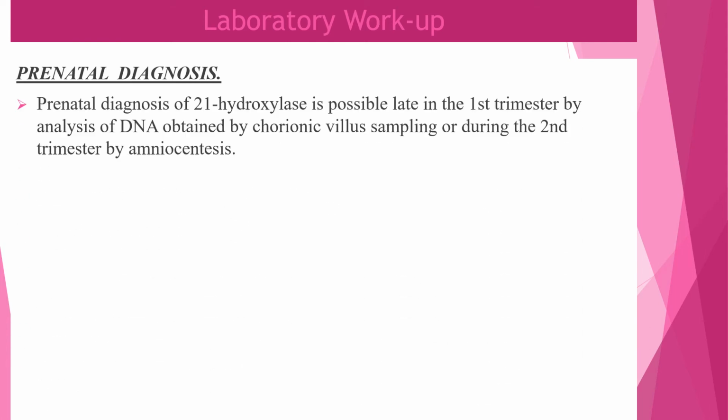Regarding laboratory workup for congenital adrenal hyperplasia, prenatal diagnosis is possible. Prenatal diagnosis of 21-hydroxylase deficiency is possible late in the first trimester by analysis of DNA obtained by chorionic villus sampling, or during the second trimester by amniocentesis.